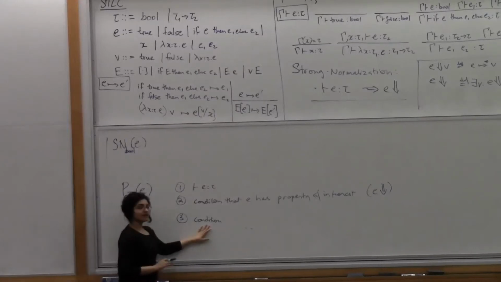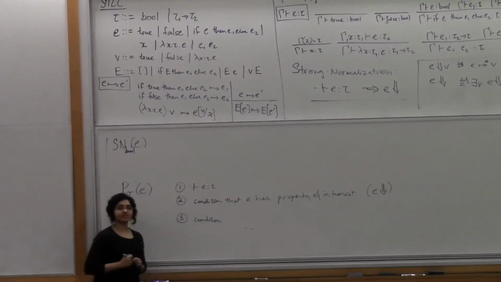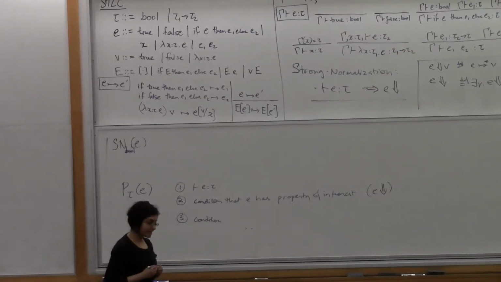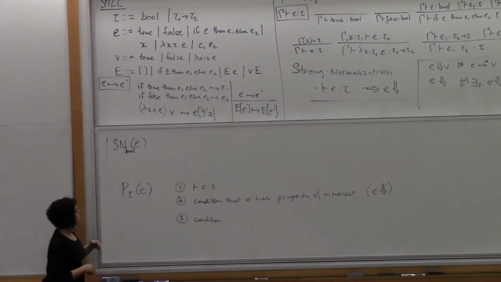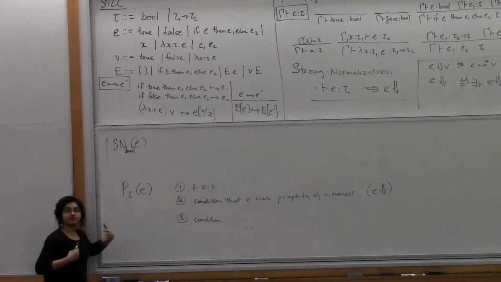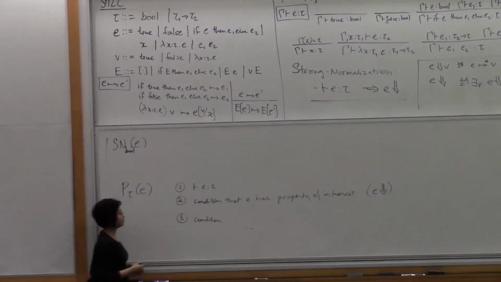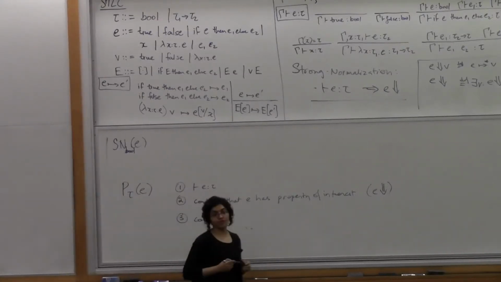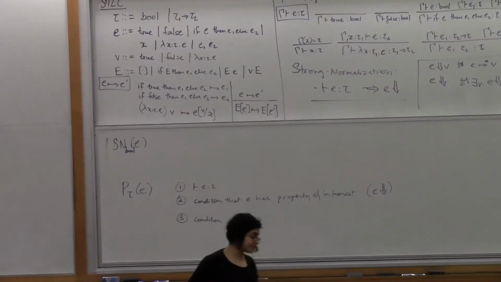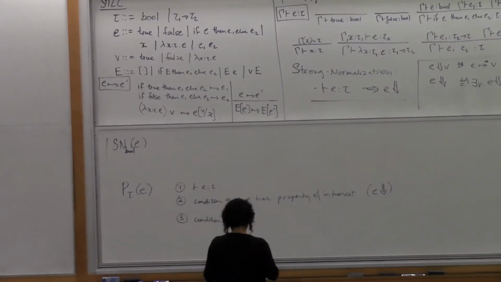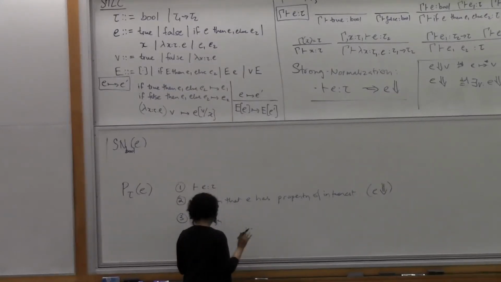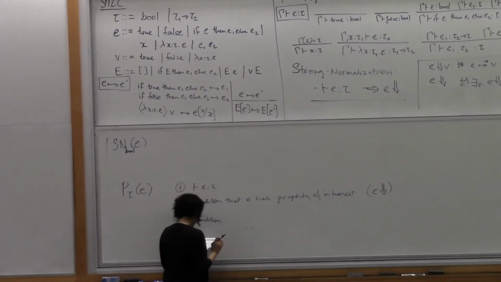So backing up for a second, this condition that we want needs to say that membership in the relation is preserved by evaluation of elim forms. It's preserved by the elim forms, okay? And we'll see that this is not always sort of built in, but okay, I'll get to that in a second.